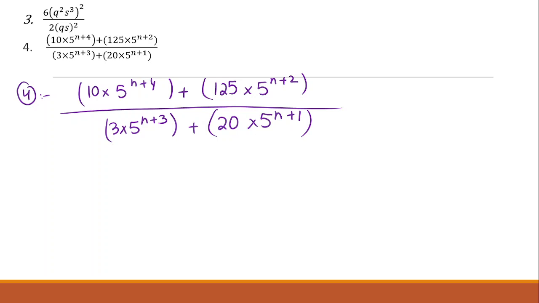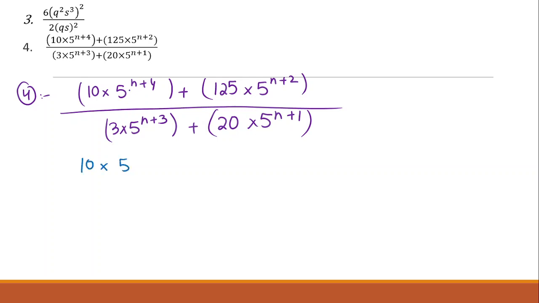If it cannot be removed, then we can just keep it, otherwise first we will try to remove 5 to the power n.